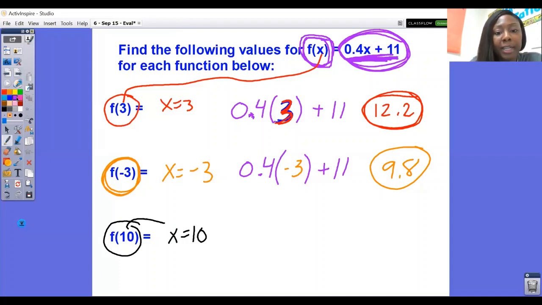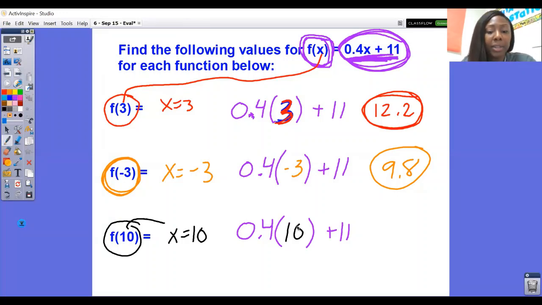I'm still plugging it into that same function, but this time in my parentheses, I'm going to put a 10 in there, and then I'm going to plug it in my calculator and see what it equals. 0.4 parentheses, plug in a 10, plus 11. And let's see what that equals. Hopefully you got it before me. You can try it yourself. Good. That one should have been 15.